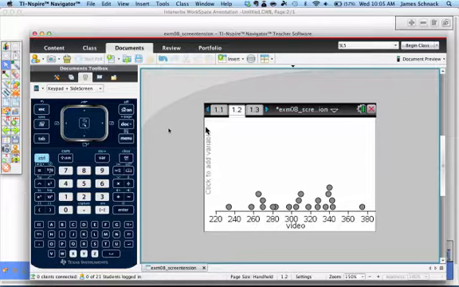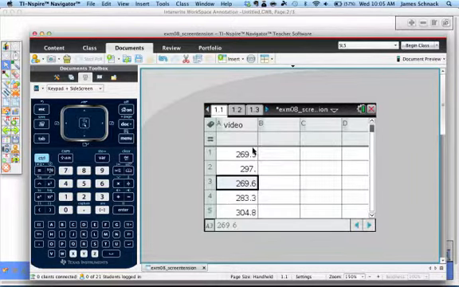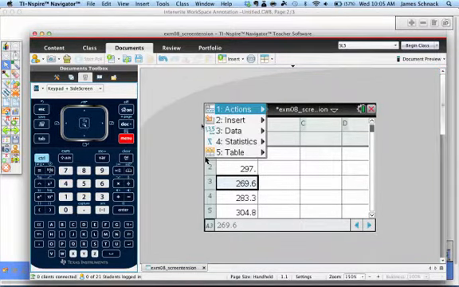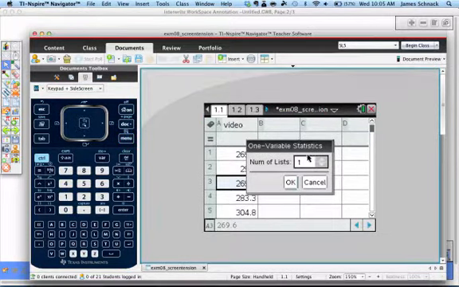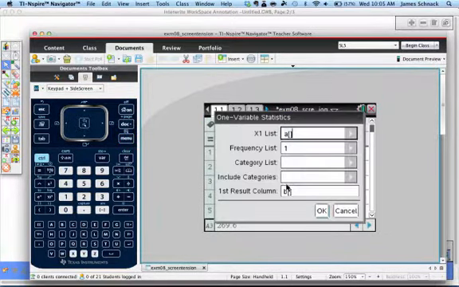Okay, so now we have to do our calculations. What do we need? Well, we need the mean of our data and the standard deviation of our data. So let's go back to our data table, and I'm going to calculate that. Statistics, stat calculations, one variable stats, number of lists is 1.